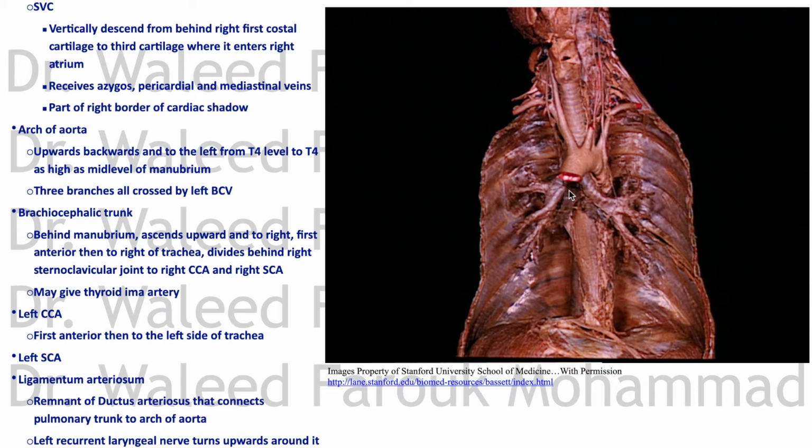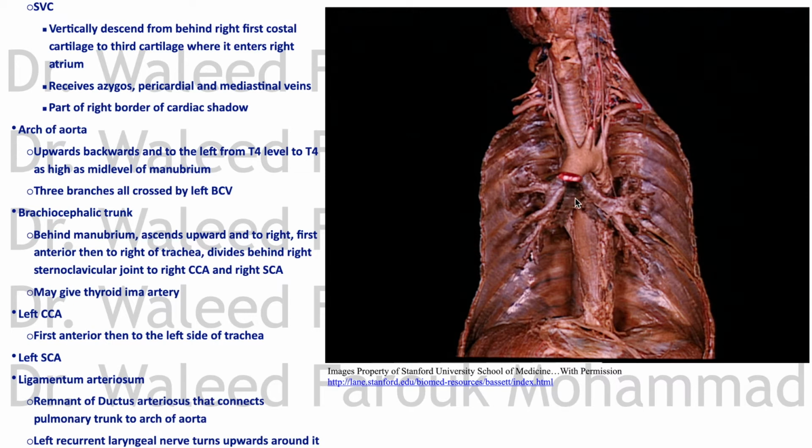The arch of the aorta starts level with the plane of the angle of Louis, means the right second costal cartilage, arches upwards, but does not go beyond the manubrium, of course, arches behind the manubrium and comes back and continues as the descending thoracic aorta at the same level, second costal cartilage, but this time on the left side. So this is the arch of the aorta.